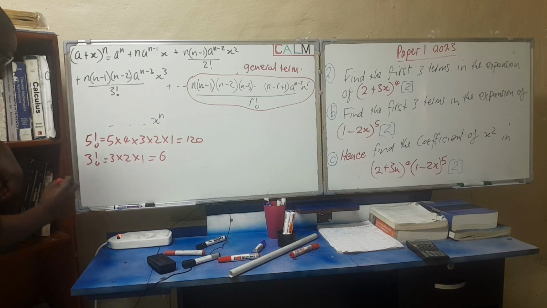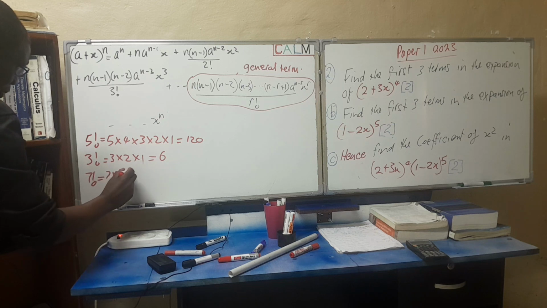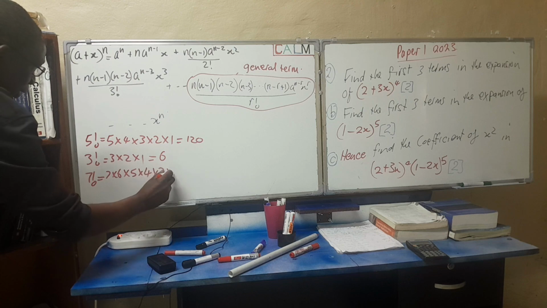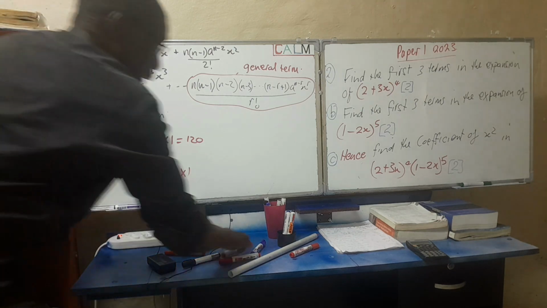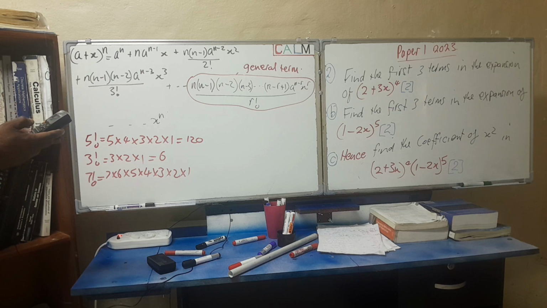7 factorial is equal to 7 times 6 times 5 times 4 times 3 times 2 times 1. I'll need a calculator for this. My calculator is a Sharp calculator. It's got a factorial function.